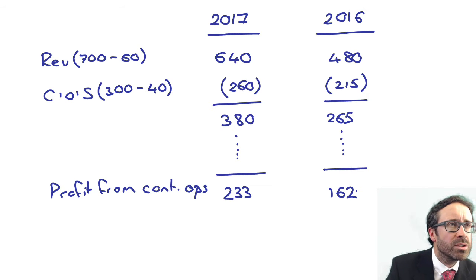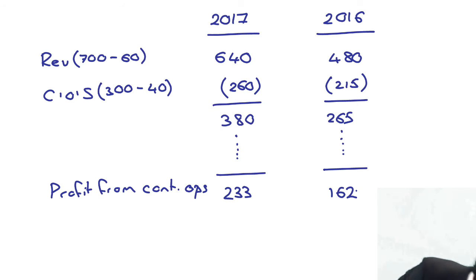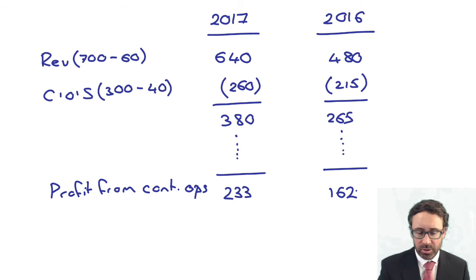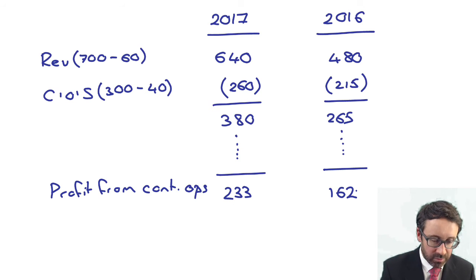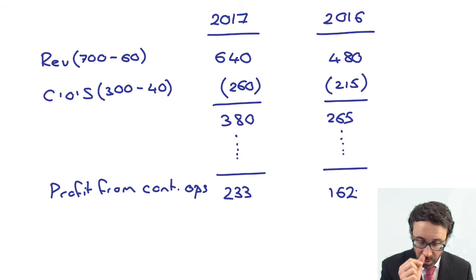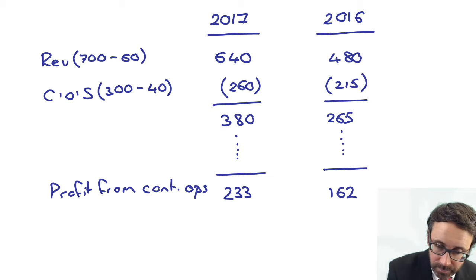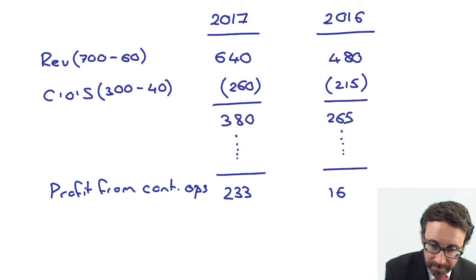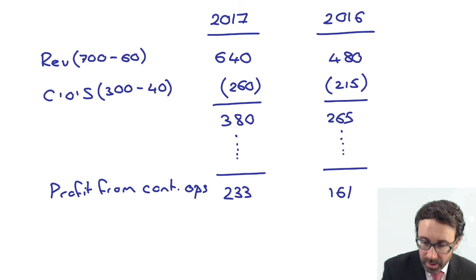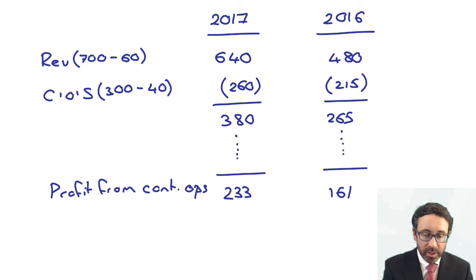And 167. Have I got my calculator? I think I have. I'll just do it to double check. 265 less 48 less 56, 161. There we go. So that's your profit from continuing operations.